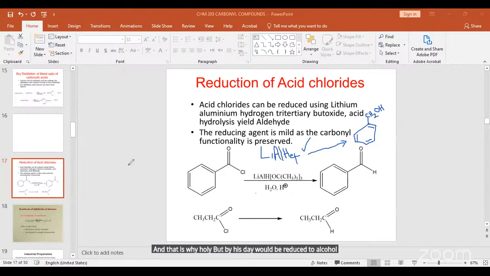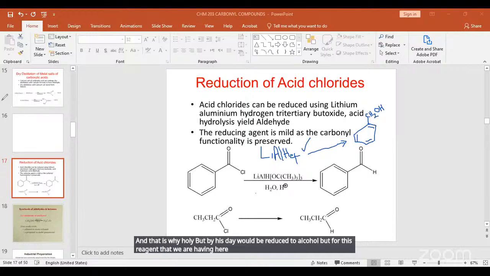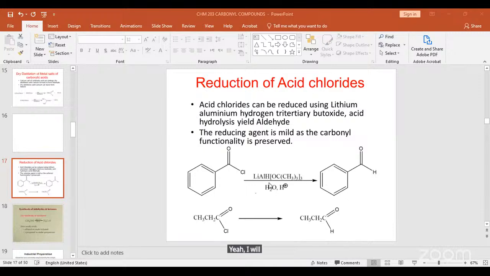But for this reagent, lithium aluminum tri-tertiary butoxy hydride, we have only 1 hydrogen, and that is why it is mild. As a result, it has the ability of only replacing the chlorine with hydrogen, thereby making it a mild reducing agent.